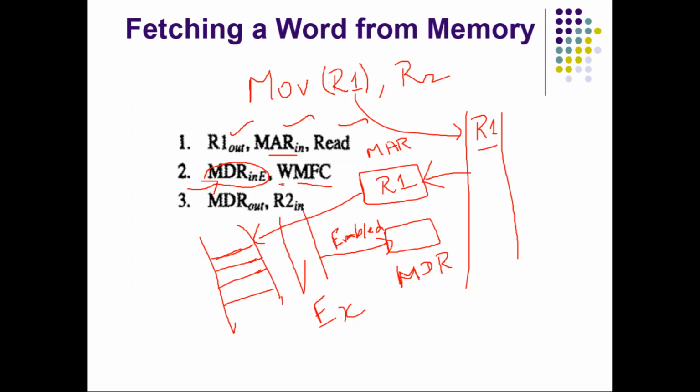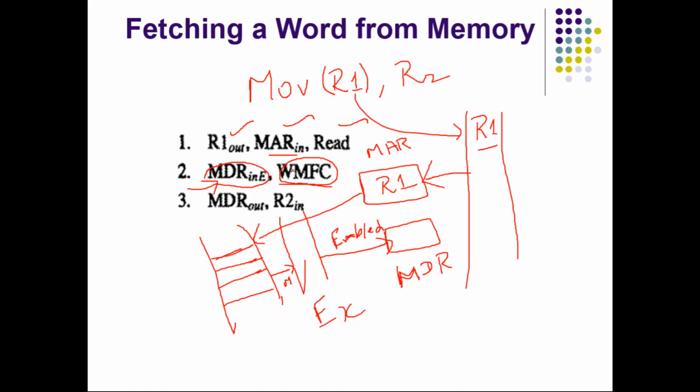The moment the MFC signal is activated, immediately the data will be moved to MDR. If you give MFC first and then MDR, there may be some gap, a little delay. To avoid that delay, we are doing it in the reverse way.